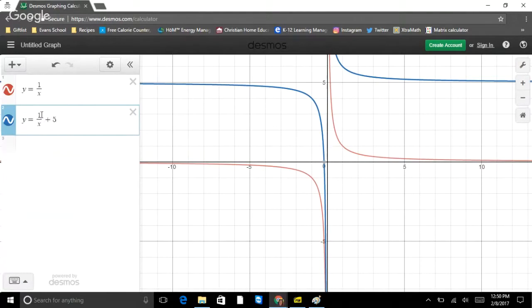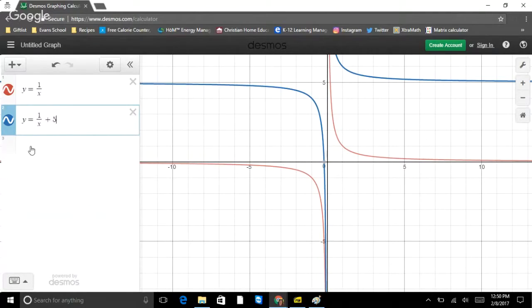Y can't equal 5 because no matter what number you put in for x, it's always going to be 5.0000001. It's always going to have some value. You can never make 1 over x exactly equal 0, and therefore you can never make this function exactly equal 5.